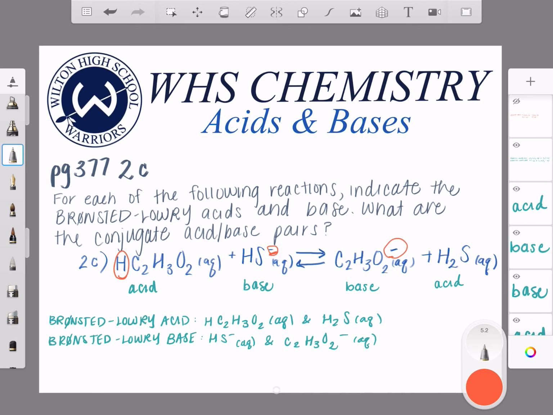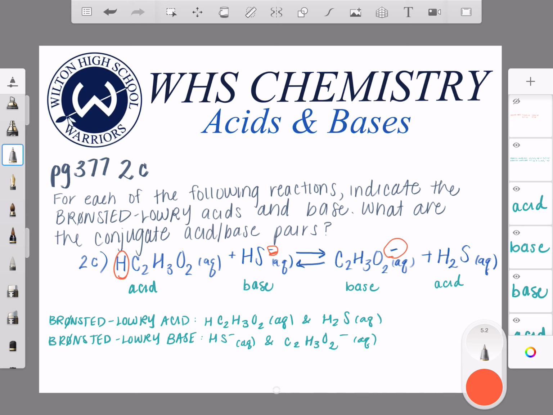Before we do that, I have written out which ones are the Bronsted-Lowry acids and which ones are the bases. And then a conjugate acid is a species formed after the base accepts a proton. And then a conjugate base is a species formed after an acid donates its proton.